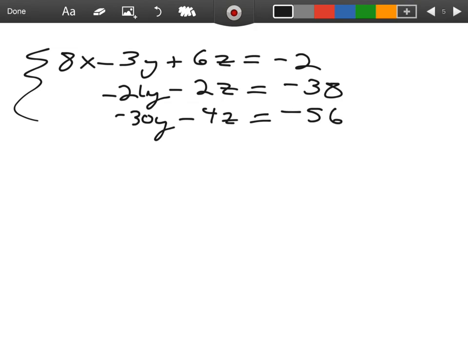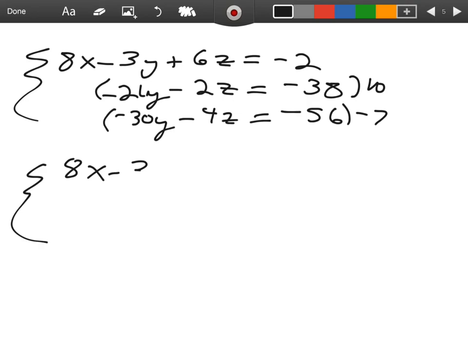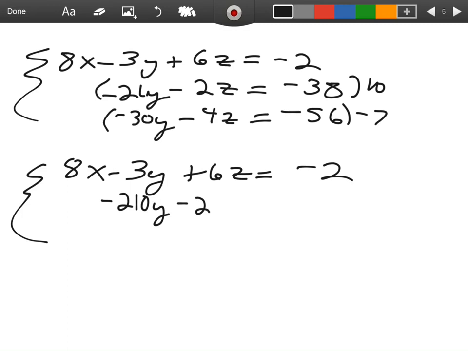Now I need to eliminate that negative 30y. The least common multiple is going to be 210. So I can multiply this one by 10, this one by negative 7. Those are large numbers, but you just have to find the least common multiple to get them to eliminate each other. So we get negative 210y minus 20z equals negative 380.